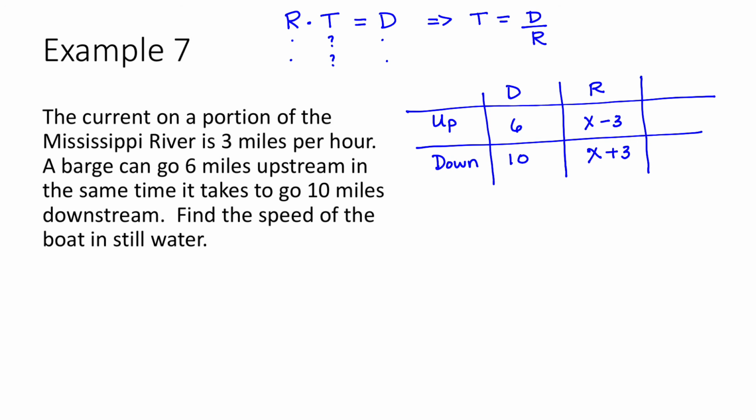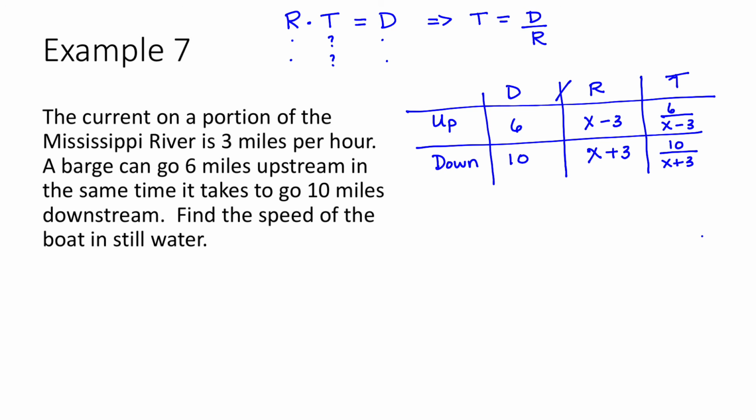Since time is distance divided by rate, the time for going upstream is 6 over x minus 3, and the time for going downstream is 10 over x plus 3.